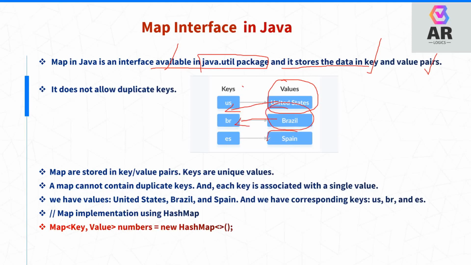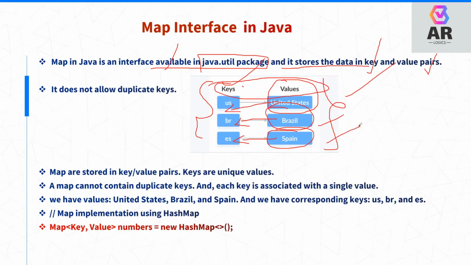If you set Spain, similarly we can set key-value pairs. Keys cannot be duplicated. Values we can add as duplicates, but keys must be unique.